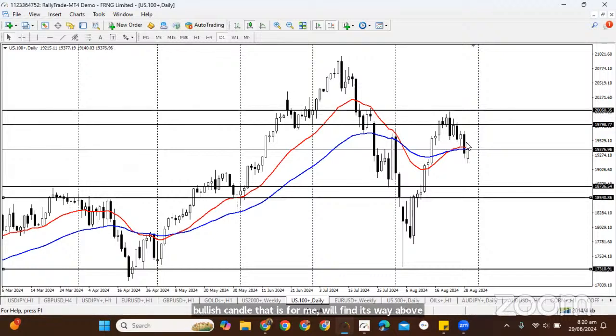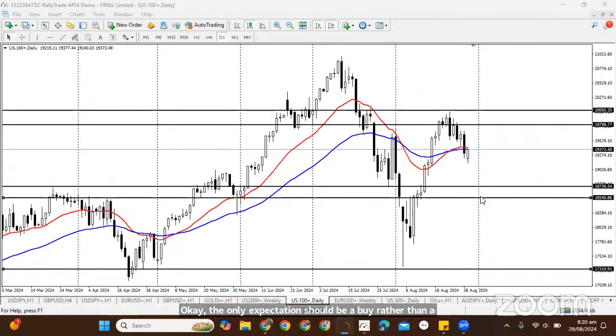So if it's going to find its way above the moving average, then I need to be careful when it comes to selling. Selling on this instrument actually should be prohibited, right? There are some instruments where the only expectation should be a buy rather than a sell.